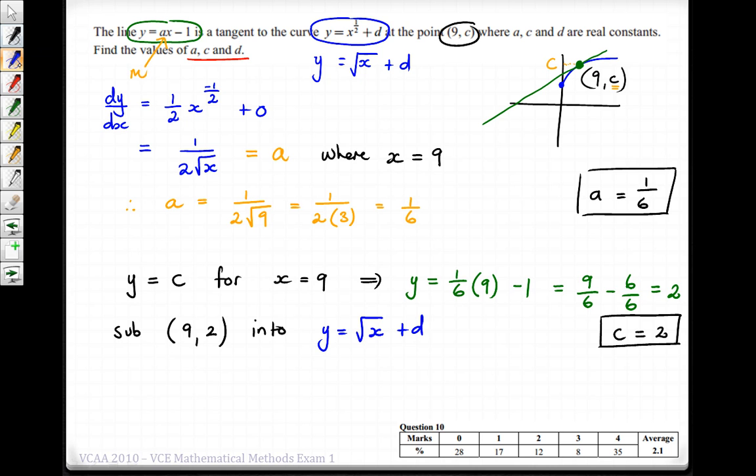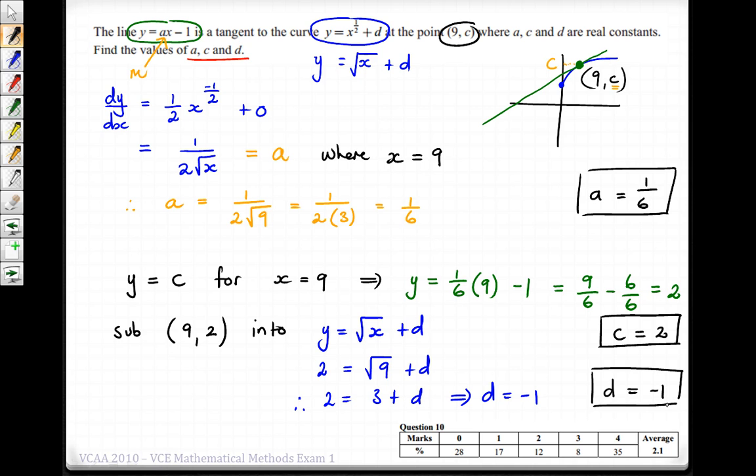So let's put that in. So c equals the square root of 9 plus d. Therefore, c equals 3 plus d, which implies that d equals c minus 3. So that's the third piece of information that we needed to see there. So now we've answered a, c, and d. So that's the final answer to this question.